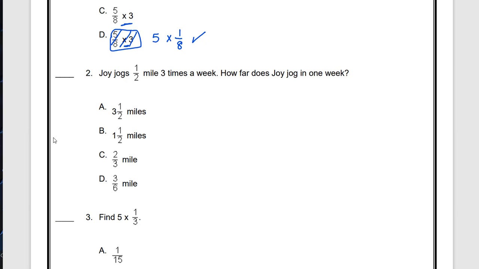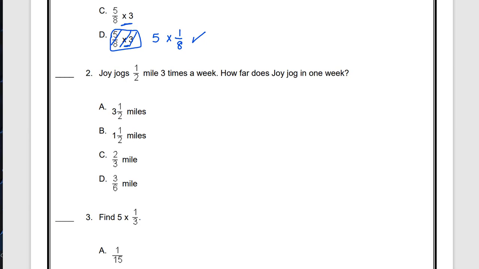Ahmed Fahad. Maitham. Yes, Mr. Go ahead. Georgia runs 1/2 mile 3 times a week. How far does Georgia run?